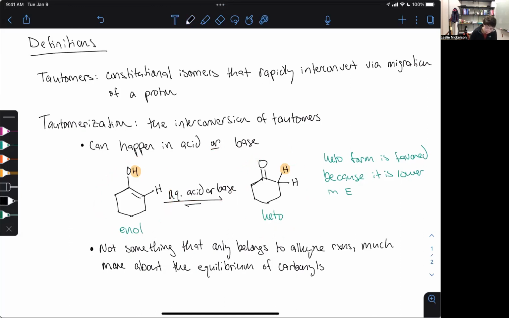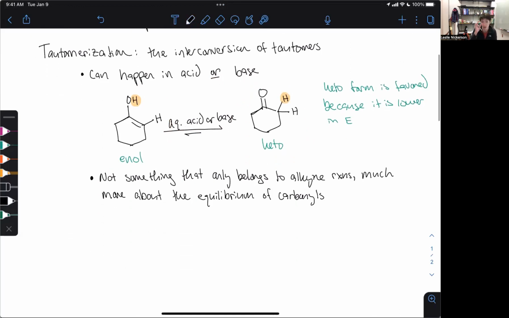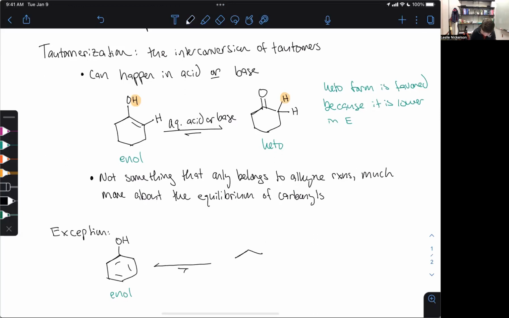The big exception here is this enol. Okay, we've seen this before. This is phenol, right? We've seen phenol, we've used phenol. This is technically an enol, but in this case, the equilibrium heavily favors the enol form and not the keto form.